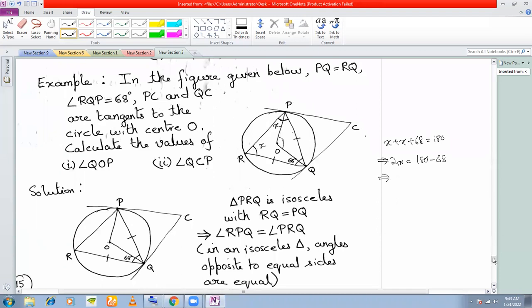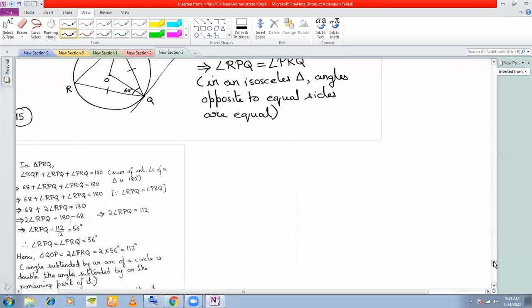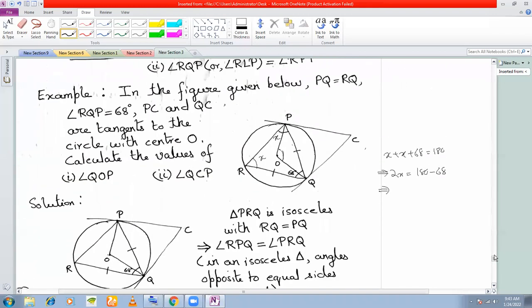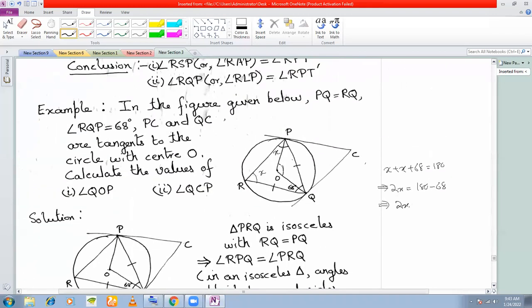So how much is this angle coming to? This angle should come to 56. So 2x is equal to 112, which means x is equal to 112 by 2, which is 56 degrees. So this angle here is 56, and this is also 56.